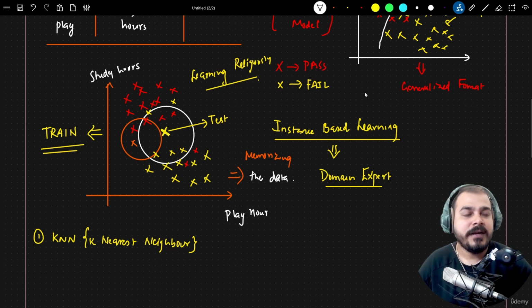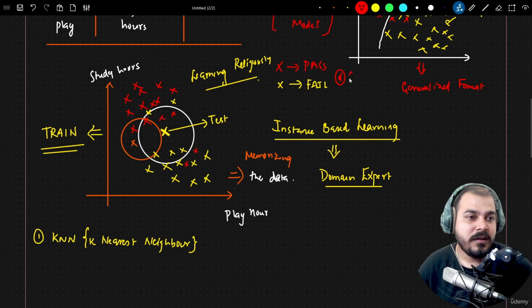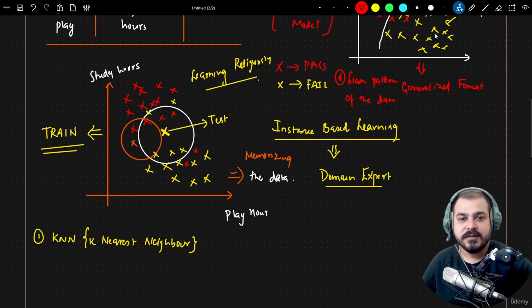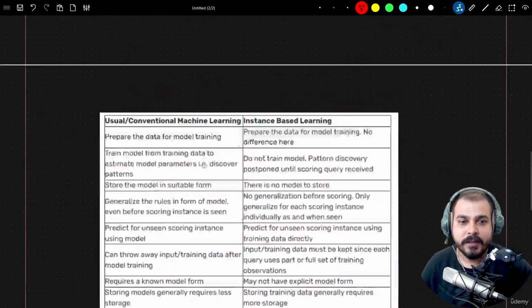Here the model is trying to learn the data so that from this learning, it is able to create a decision boundary. Or I can also say learn the pattern of the data. Just saying learn would be the wrong word to use, so here I can definitely say learn the pattern of the data. So this is the basic difference between instance-based learning and model-based learning, and I hope you have got an idea about it.